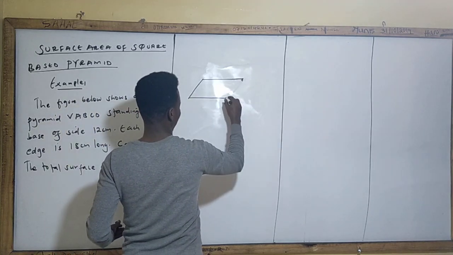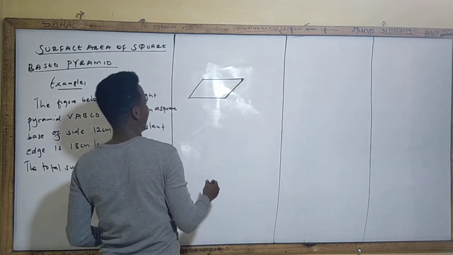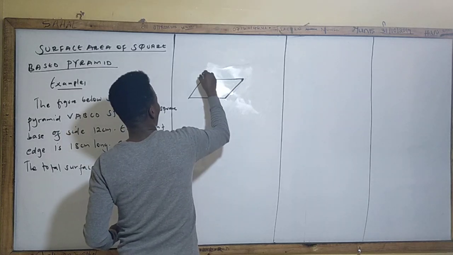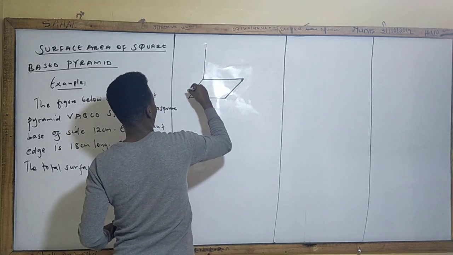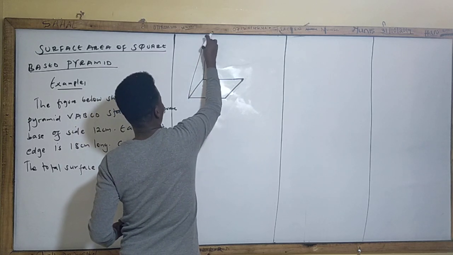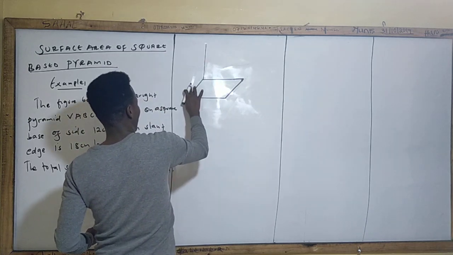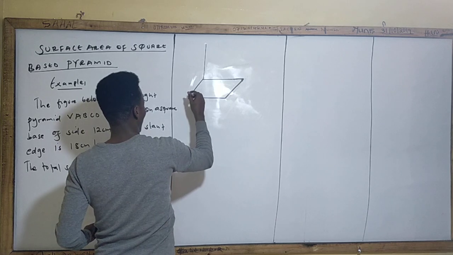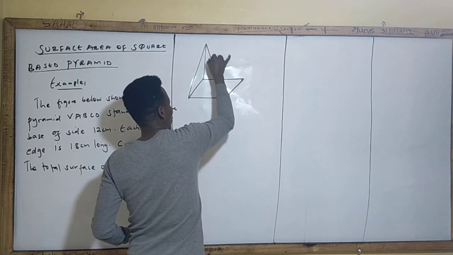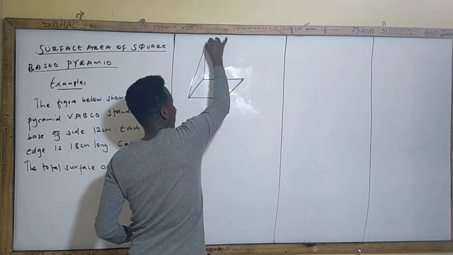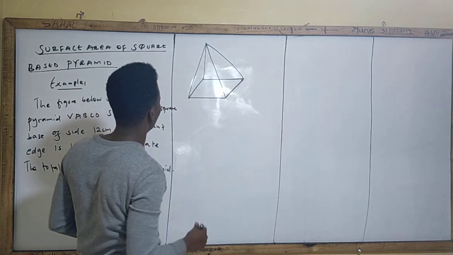I want to make this very straight. Join this one up to that point, then join this one again. Then join this point, then this one. So this is the square-based pyramid.